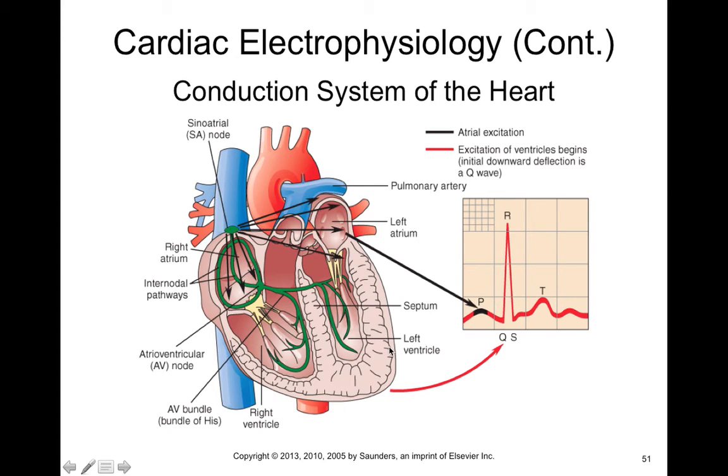Now we can build on this and be a little bit more specific, where the P wave actually represents atrial depolarization. And depolarization is the same as the rising phase of the action potential, where the voltage inside your muscle cells is becoming more positive because action potentials are beginning. So the P wave is atrial depolarization. The QRS wave is ventricular depolarization. And we see there's a delay between P and Q waves, so we call this the PQ interval.